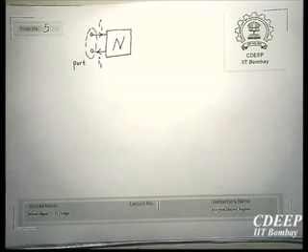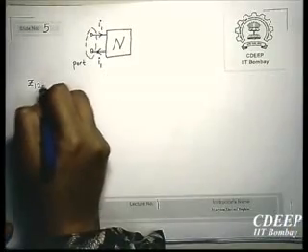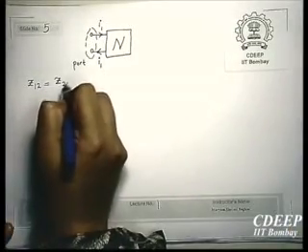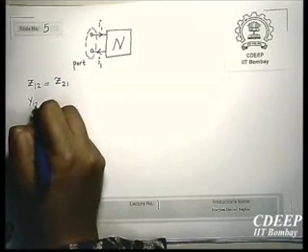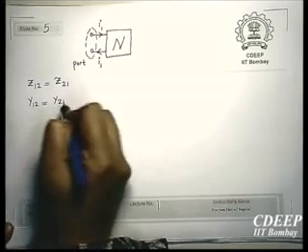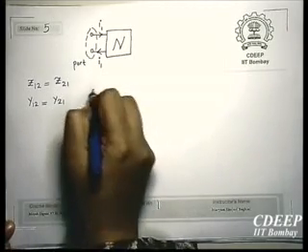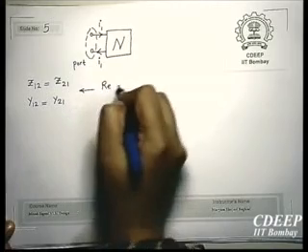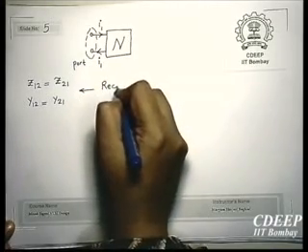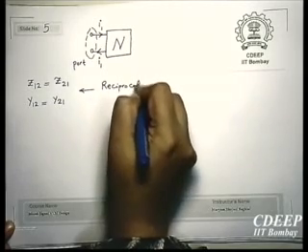Then, do you know what is a reciprocal network? Do you know what are Z parameters, Y parameters, hybrid parameters? A reciprocal network is a network in which, for example, Z12 is equal to Z21 or Y12 is equal to Y21. These are properties of a reciprocal network.